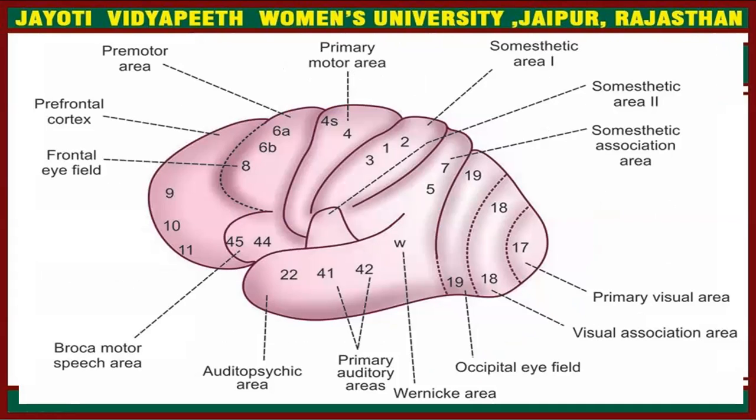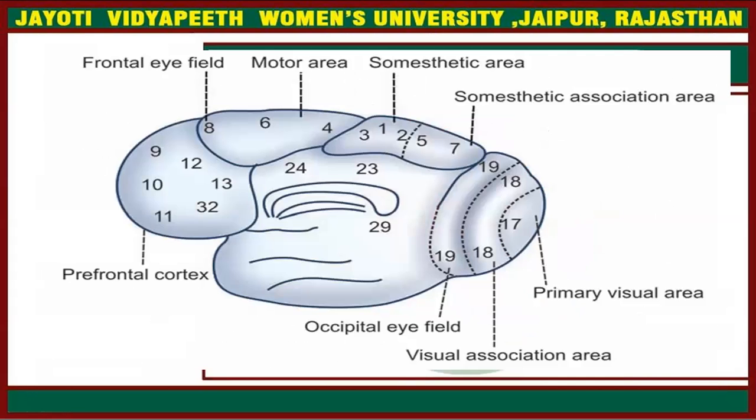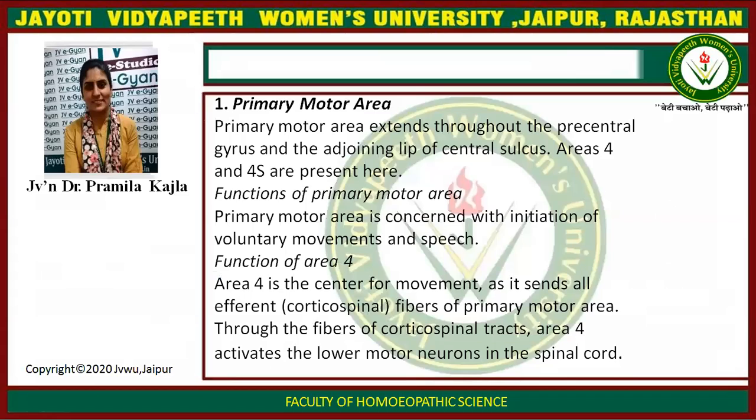So this is prefrontal cortex, premotor area, primary motor area.